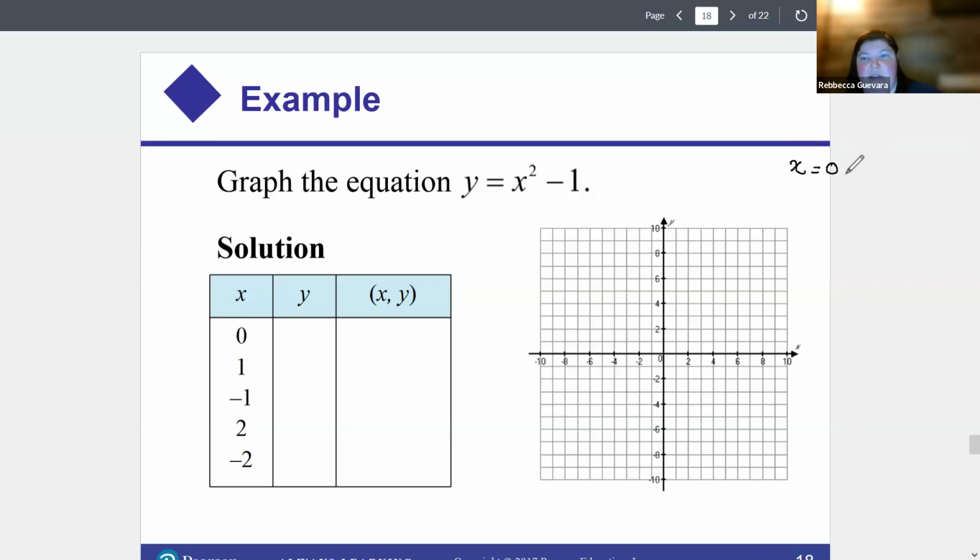So if x is 0, then y is going to be 0 squared minus 1, or -1. If x is equal to 1, then we're going to have y is equal to 1 squared minus 1, which is going to be 1 minus 1, which is 0. So we have 1, 0.